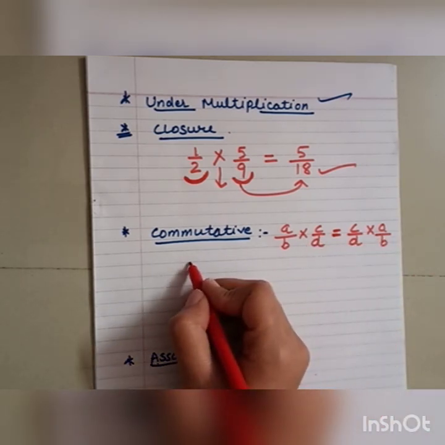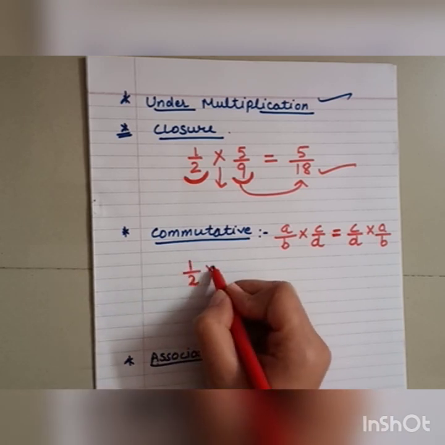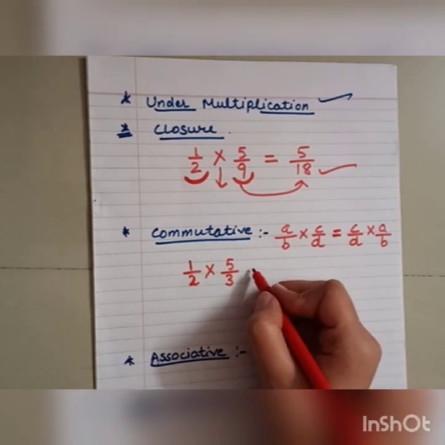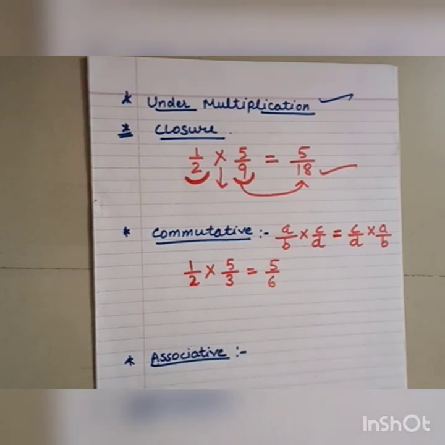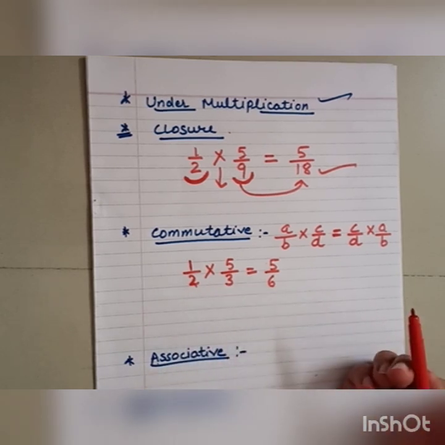Now check. Take one example: 1 upon 2, and we can take 5 upon 3, a by b and c by d. When you multiply this, what do we get? 5 into 1 is 5, and 2 into 3 is 6. So 5 by 6.